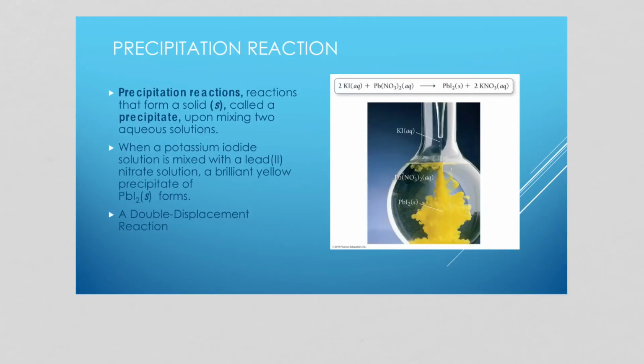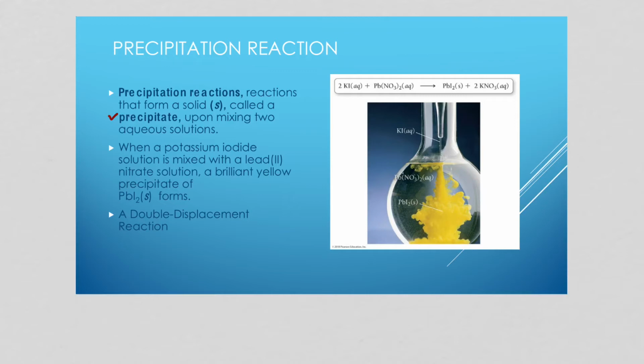Now, the one specific example that we're going to look at where we're doing chemistry with these aqueous solutions is called a precipitation reaction. Precipitation reactions are reactions that form a solid when the two components are mixed. Specifically, we call this solid a precipitate.